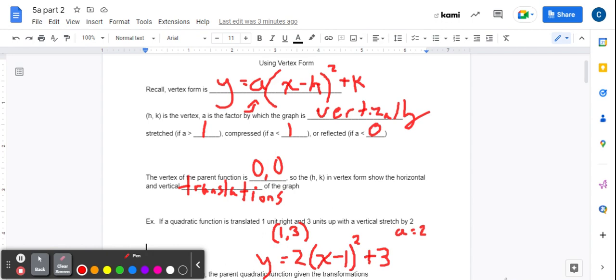Translated 1 unit to the right and 3 units up makes a vertex of (1, 3). And so x minus 1 squared, and then we have plus 3 on the outside, because 1 is h and 3 is k. Plug them into the formula up there.